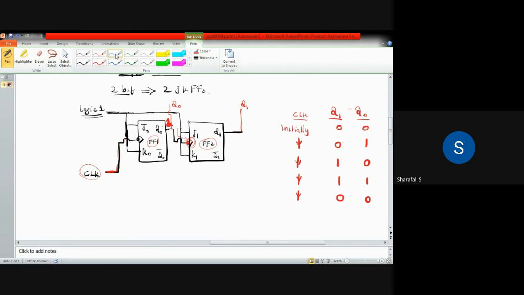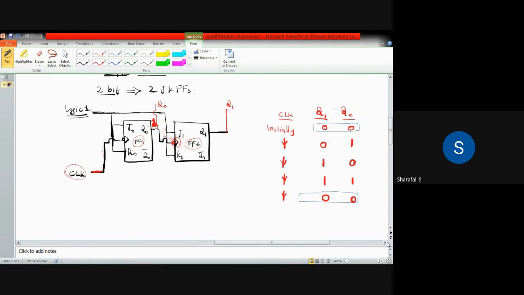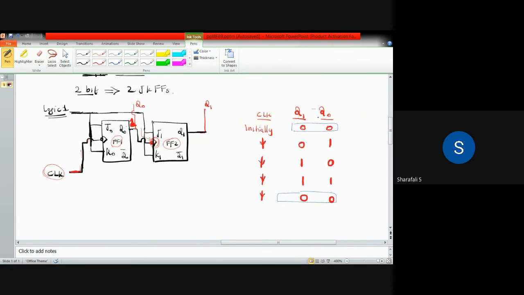Now, if you consider the states, you can see that it starts repeating as the first state. So the number of states passed by this counter before it reaches its initial position are the states available for this counter.